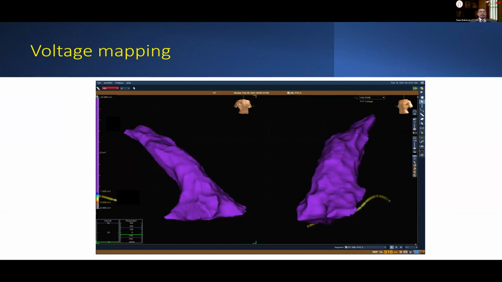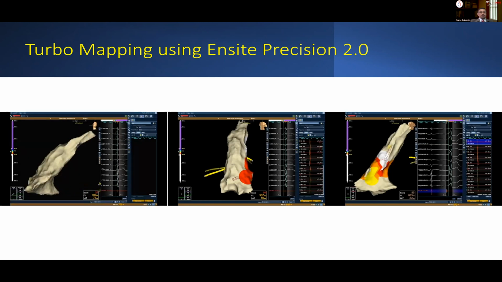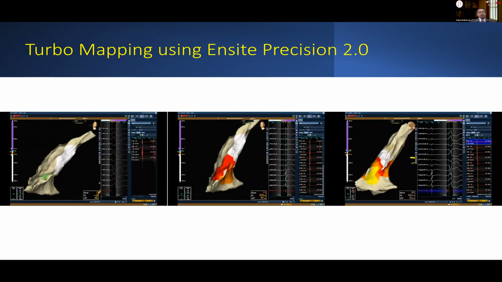With this Turbo Map in the Precision system, we could identify the possible location after the geometry has been developed. We just use the first PVC, the second PVC, and the third PVC, and then we could localize the possible location.